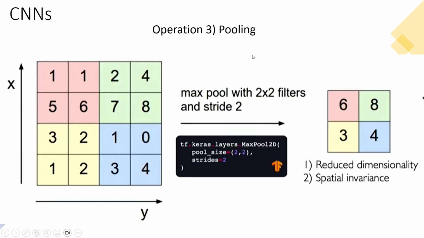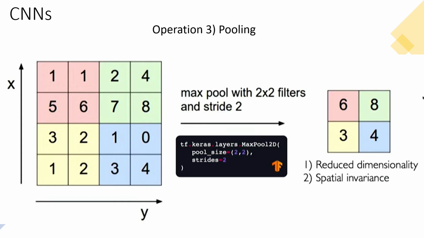Now we have the concept of pooling. An image is very high dimensional data. It usually has a lot of pixels, and you don't want to deal with all the pixels. So you would like to refine your features as you go through the network.